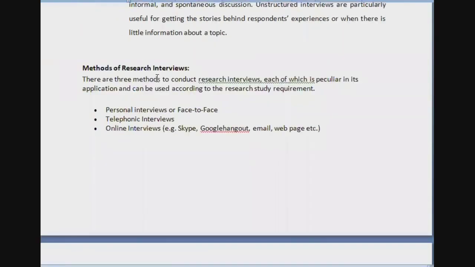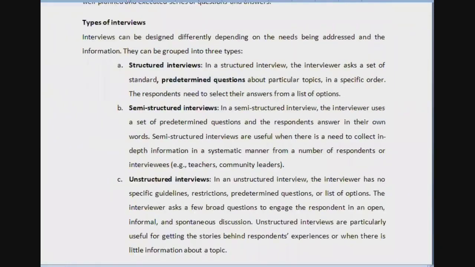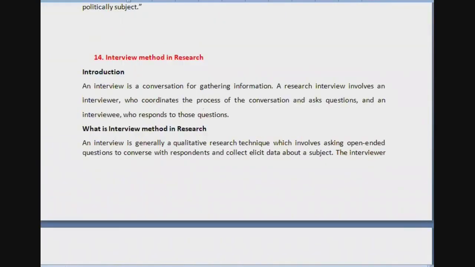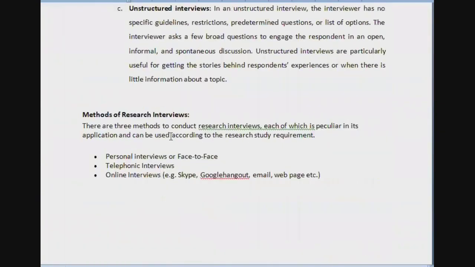Next, methods of research interview. There are 3 main methods to conduct a research interview, each of which is peculiar in its application and can be used according to research study requirement. Now see, if there is a 10-mark question on this particular topic, interview method in research, you can write all of this: what is interview method, an introduction, a conclusion, 3 different types of interviews, and then 3 different methods.